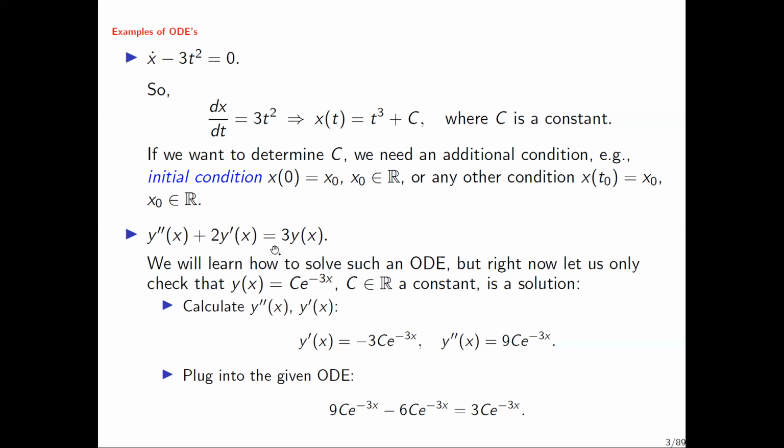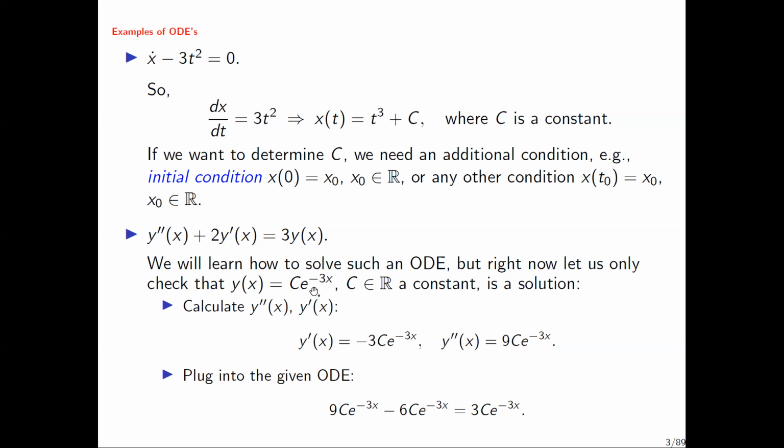But for now, let's only see what it means to check that some y is a solution of a differential equation. We claim that y of x is equal to some constant c times e to the power of minus 3x solves this differential equation.